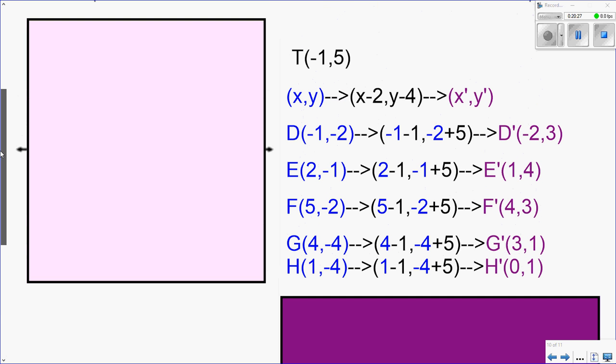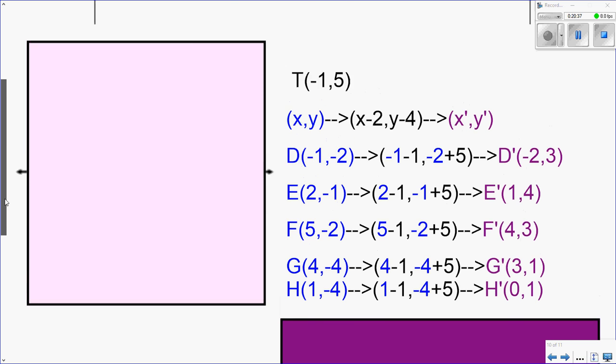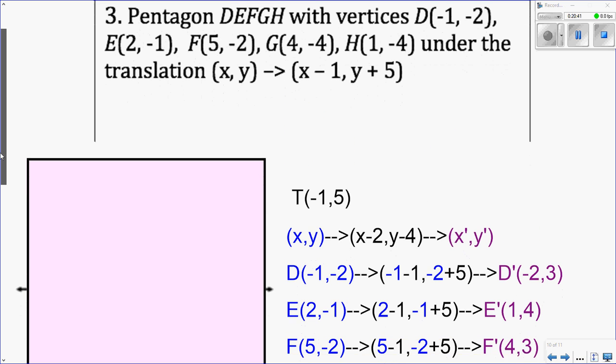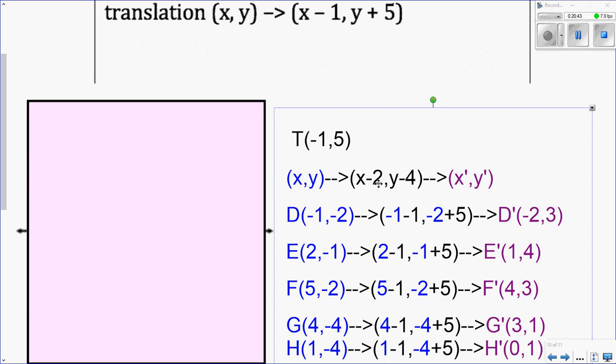Oops, I think I goofed. I put the wrong thing there. Oh, actually, this one should be negative 1, and this one should be positive 5. But everything else is all the same.